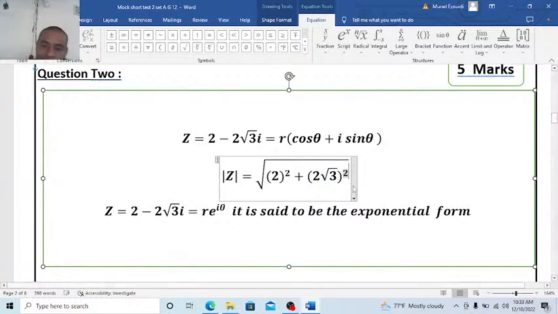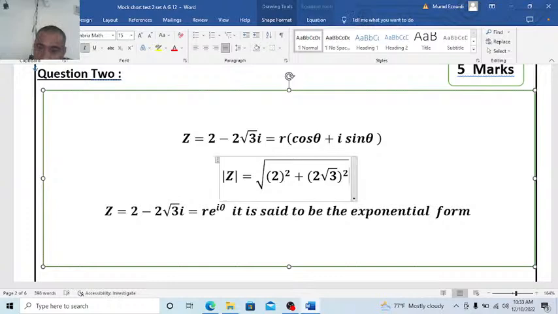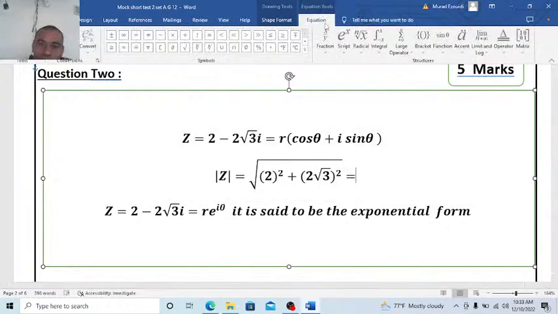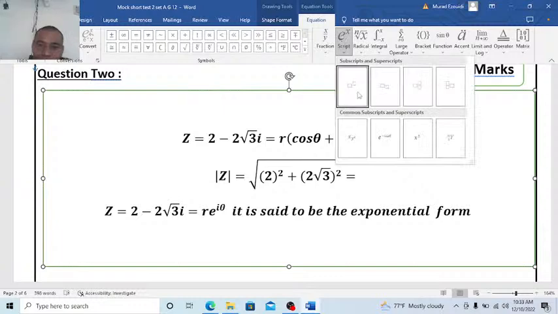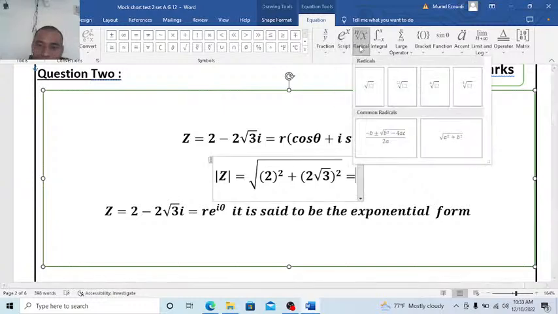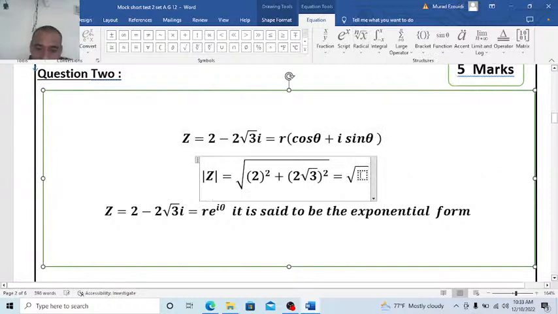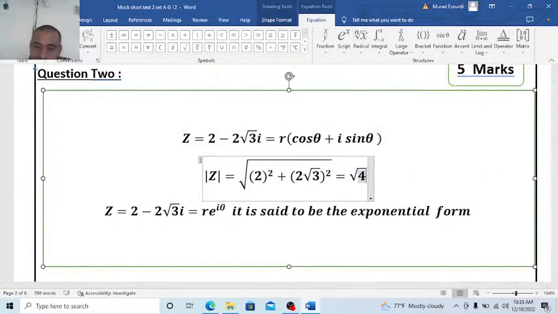So this, learners, is equal to what? It is equal to the square root of, you can use a calculator, square root of 4 plus 12.